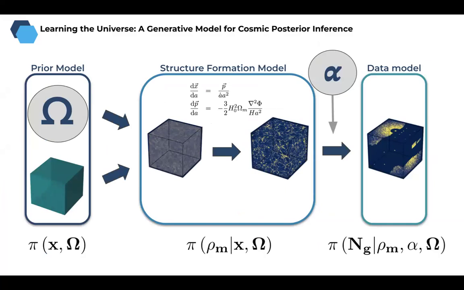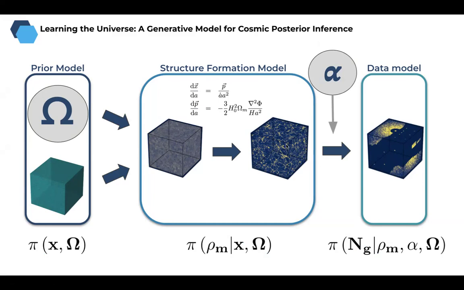In order to address these problems within a fully Bayesian approach, we need to create a generative model for the cosmic posterior inference. We start out with a prior on our cosmological parameters and also the three-dimensional initial conditions. We can then forward them through a physics model that solves an n-body gravitational simulation from the initial conditions to the present.